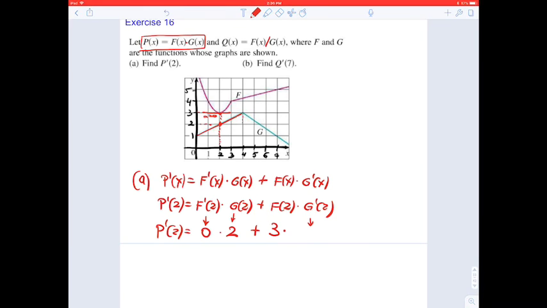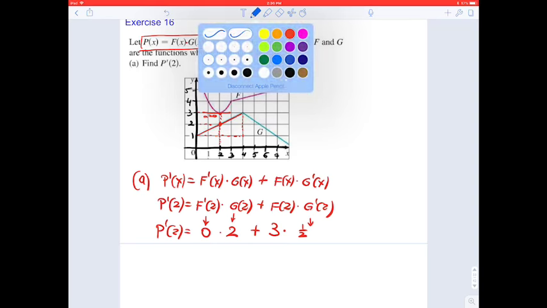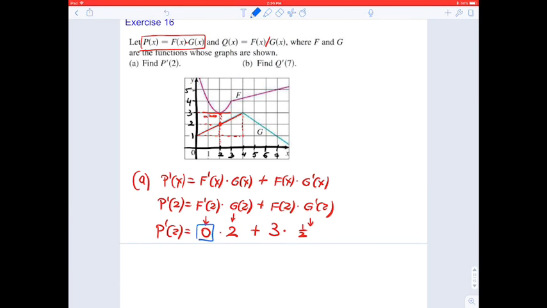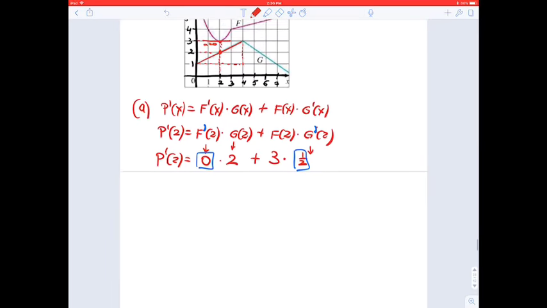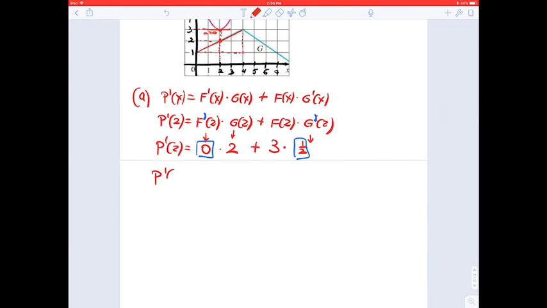I can draw on this side 2 and 4. 2 over 4, which is half. Please remember, these are the slopes of the tangents because they are derivatives. Okay, and let's get the final answer. Actually, I can just write 3/2.